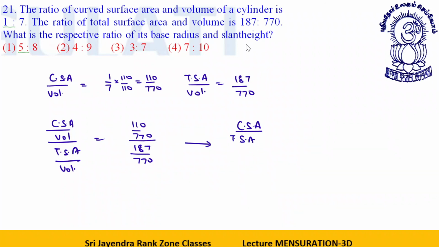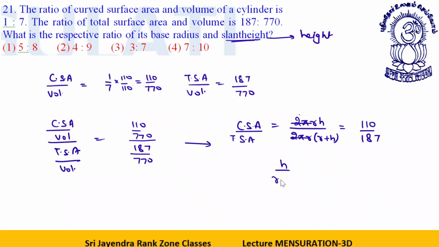We are talking about a cylinder. For a cylinder, slant height is nothing but height. Curved surface area is 2 pi RH. Total surface area is 2 pi r in the bracket r plus h. This is like 110 by 187. 2 pi r cancel.